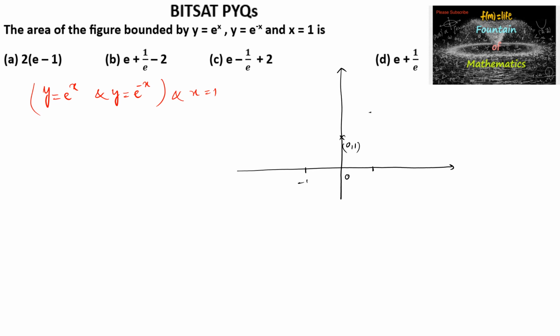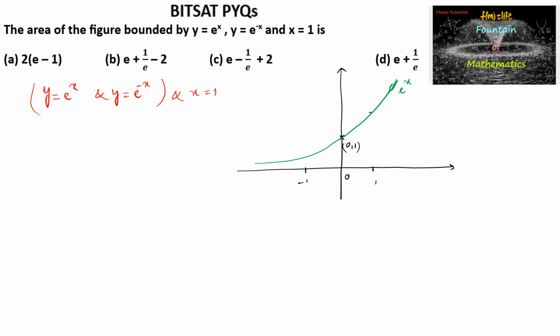When x is equal to minus 1, 1 upon e is a decimal fraction value. So we get the graph of e power x. So this is e power x graph, and now y is equal to e power negative x graph.